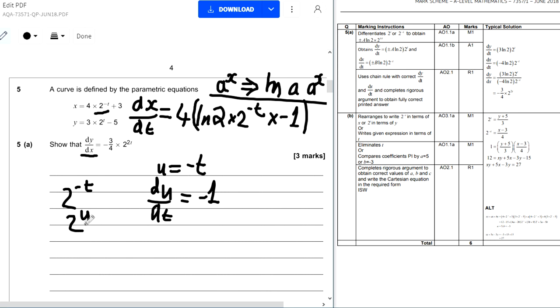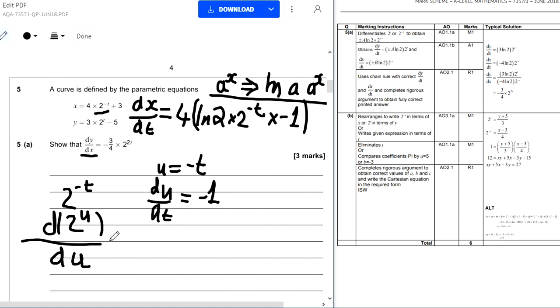And then if we differentiate this, we can't differentiate it in terms of t, we've got to differentiate it in terms of u. And in case you don't know what this notation means, this literally just means differentiate whatever's in here in terms of this.